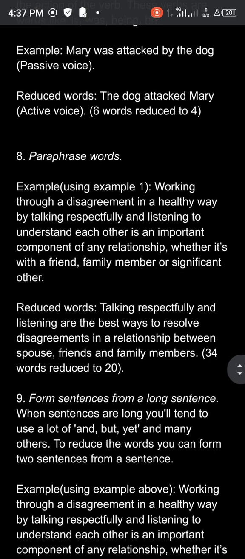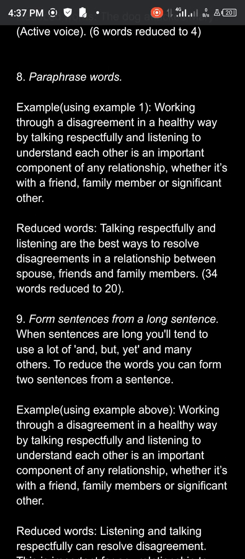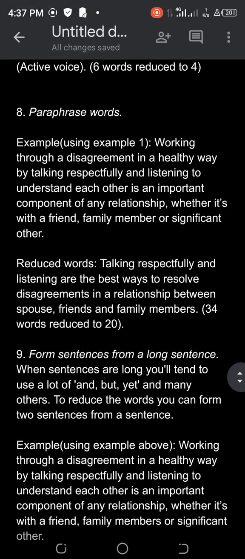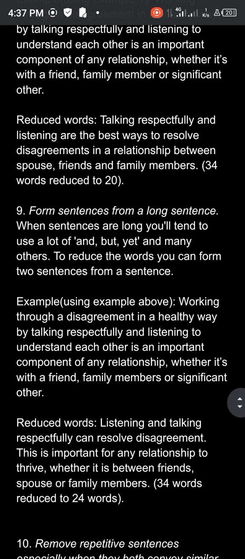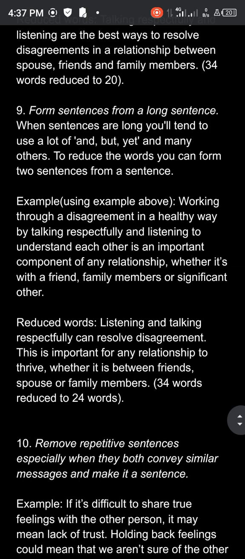So it's usually recommended that the active voice should be used in your sentences, and it helps to reduce your word count. Then we have number 8, paraphrasing words. Reduce your words by paraphrasing. It will not distort the content, but it will reduce your words. Then the ninth one, form sentences from a long sentence.